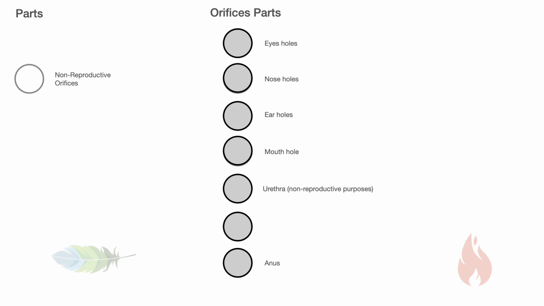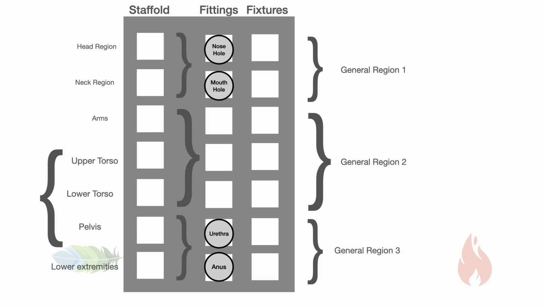All right, so when we go through this for the overall anatomical build, there's only so many places to put fittings. So we really just go through with kind of the ones that make the most sense. So for orifices, your nose holes and your mouth hole, and then urethra, and then anus.